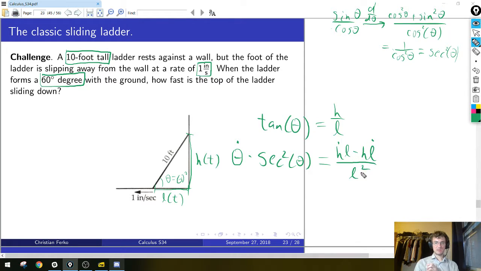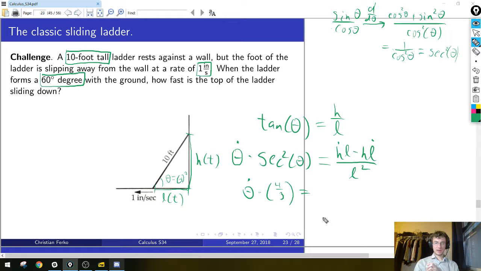I'll put in, at the time we know, theta dot times secant squared, which is 1 over cosine squared. Cosine of 60 degrees is root 3 over 2, right? So secant of 60 degrees is 2 over root 3, which means secant squared is 4 over 3, I think, if I did that right.